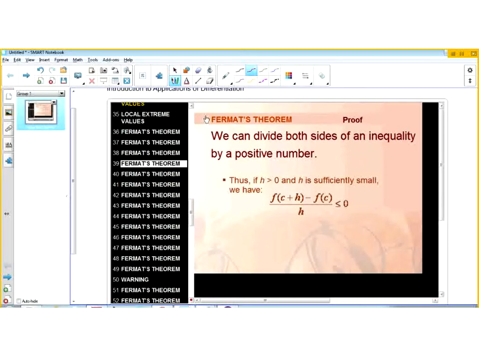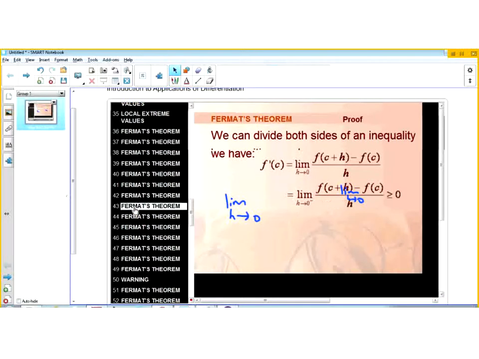What's not immediately obvious in this slide is that we took the limit as h approaches 0 of both sides of the inequality. And so that's where it became less than or equal to 0. Okay, so let's go back to that slide.